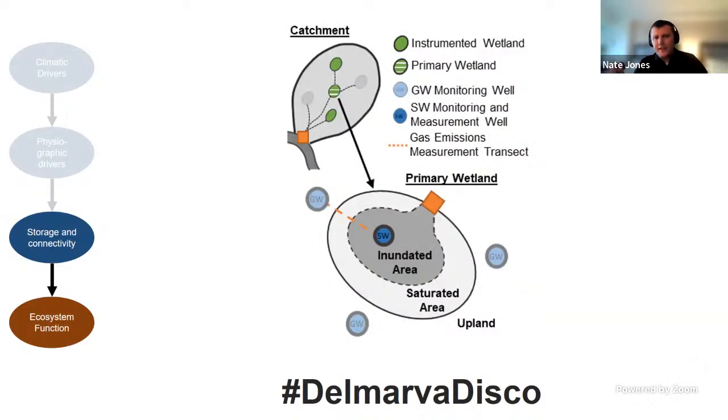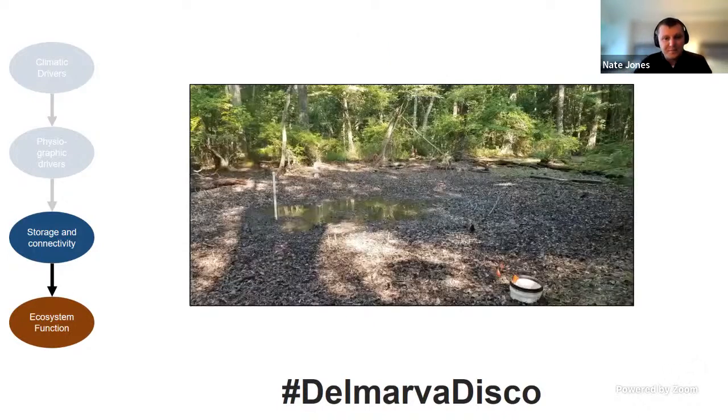In each catchment, we instrumented several wetlands. We had a primary wetland where we had a surface water stilling well, and then three upland groundwater wells. We are also doing a ton of biogeochemical estimates, and I'm not going to talk about those as much today, but we just instrumented the heck out of these catchments.